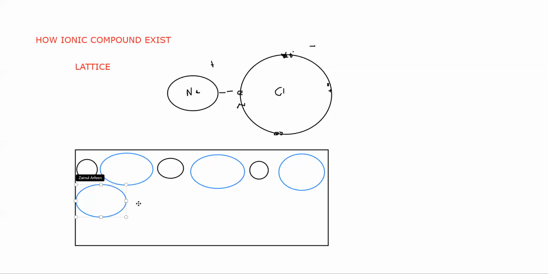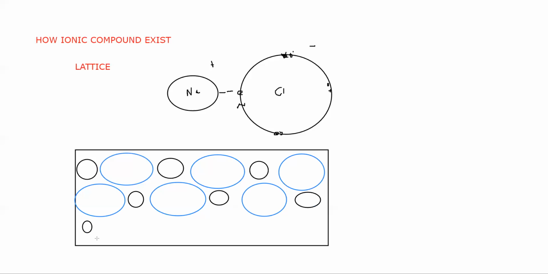This regular arrangement of positive and negative ions is known as the lattice.